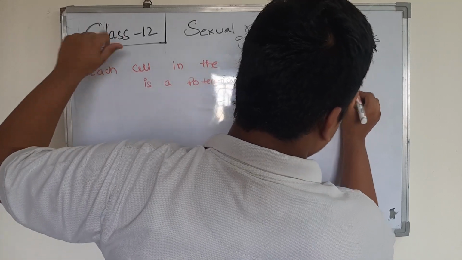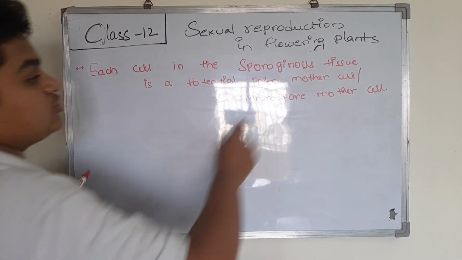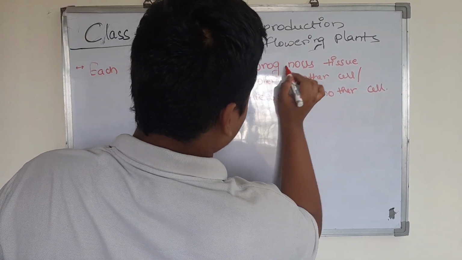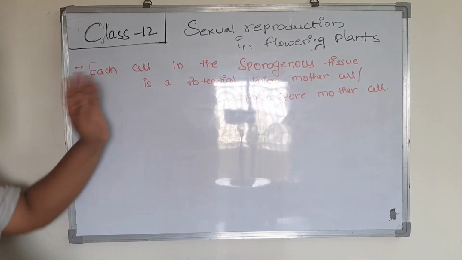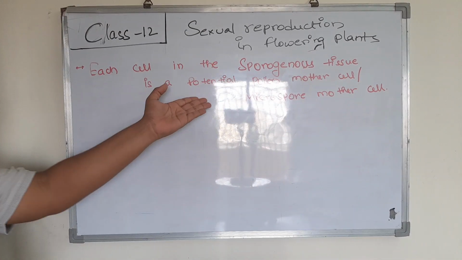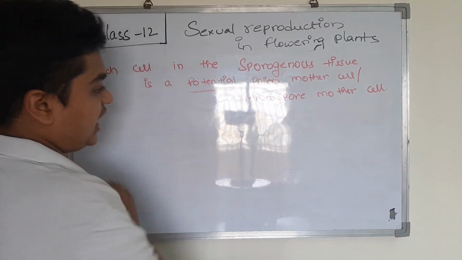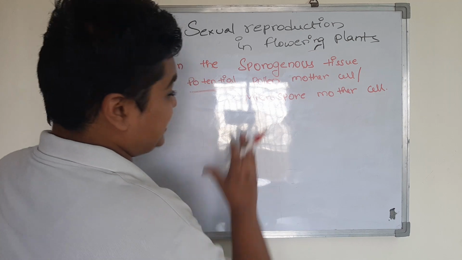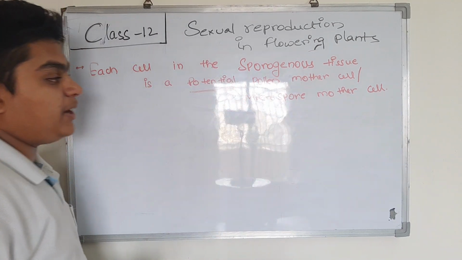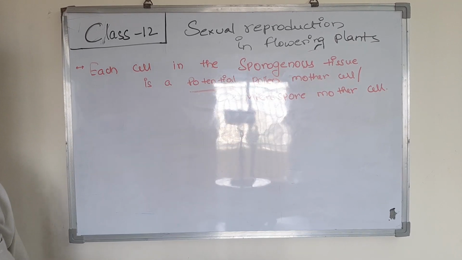Each cell, remember my words, each cell, not the sporogenous tissue. It is having that potential to act as a pollen mother cell and to give out microspores, which in return form pollen grains.